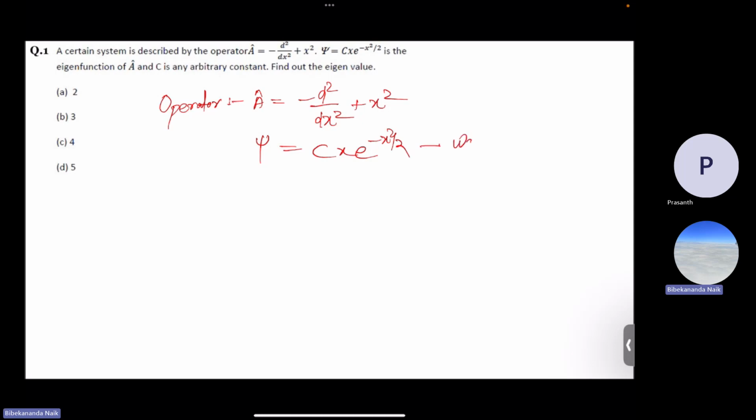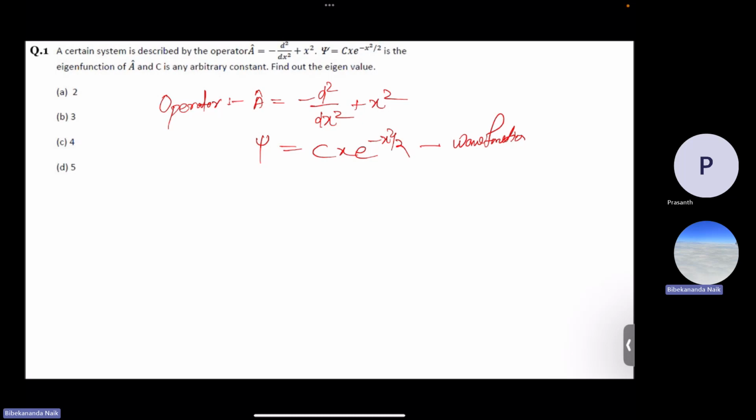So this is the wave function. Now here in this question, we need to find out the eigenvalue of this particular wave function in the operator A.